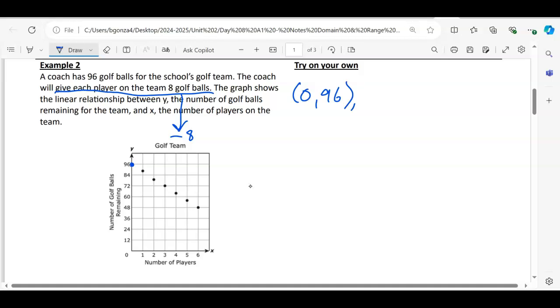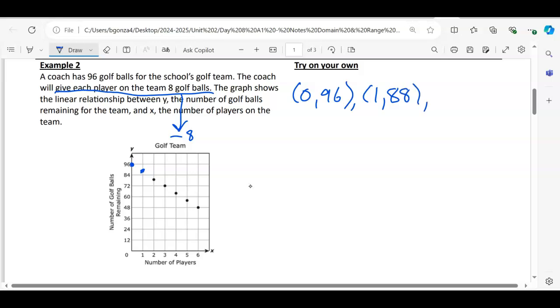What's the second point? Here's 1. What is this number right here? It's not on the grid, so it's not 84, but I know he's subtracting 8 each time. So what's 96 minus 8? 96 minus 8 should give you 88.